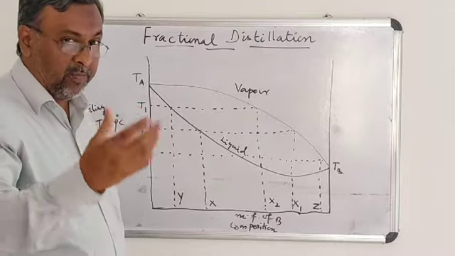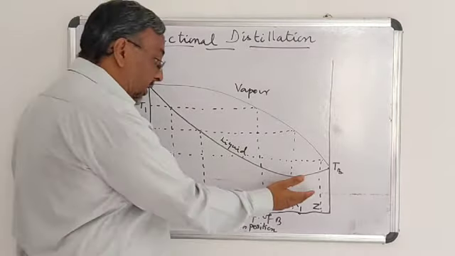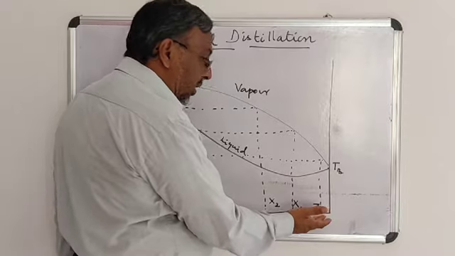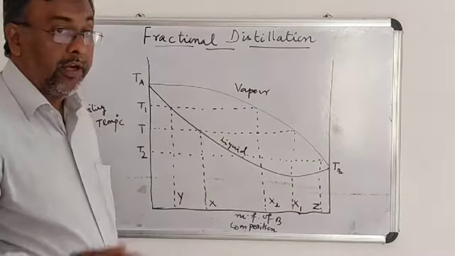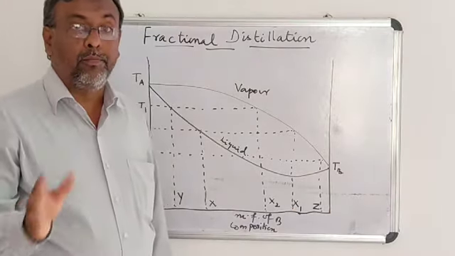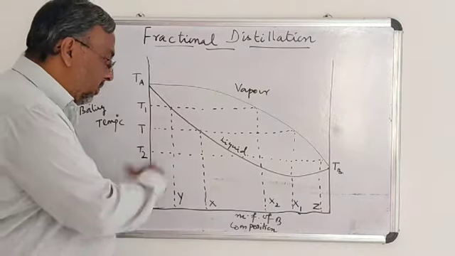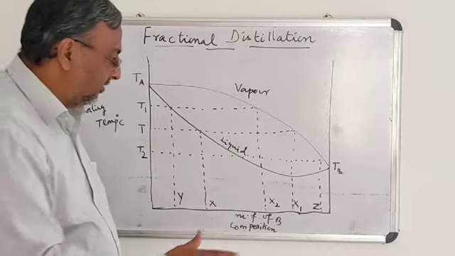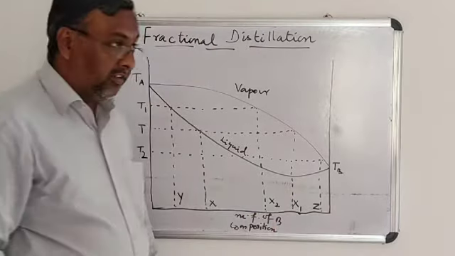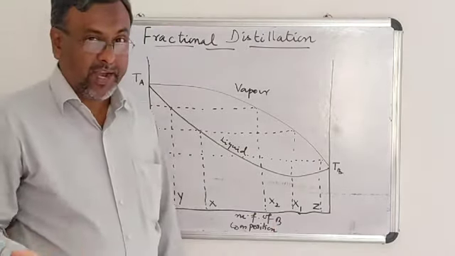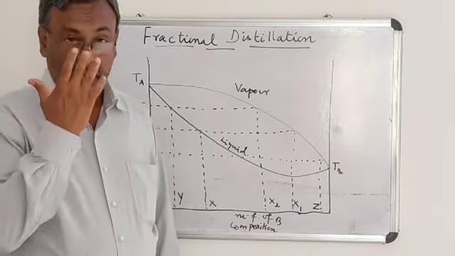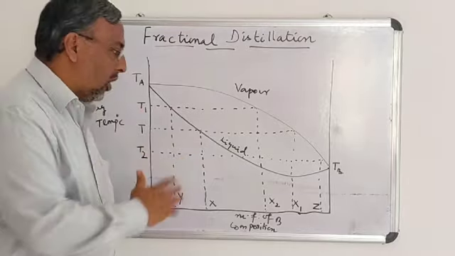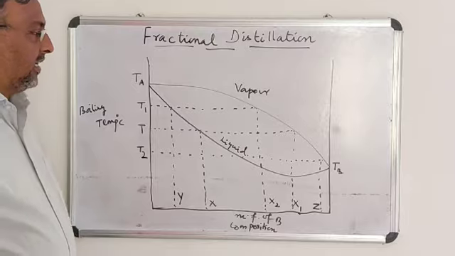The condensed vapors collected will be very much rich in B. It will have a composition Z. It contains mostly B, and on repeated distillation, the distillate will contain only B. In this way, we can separate A from B. This type of process is called the fractional distillation process.